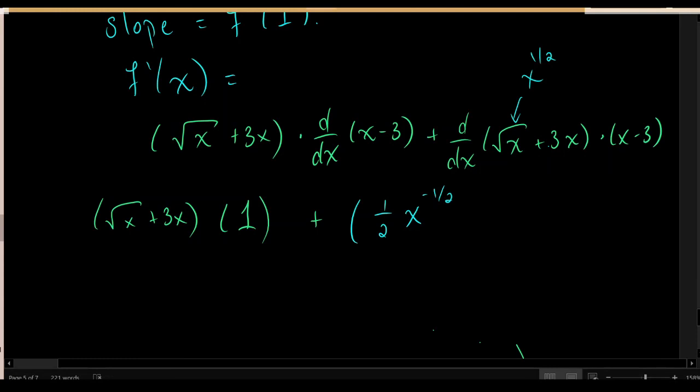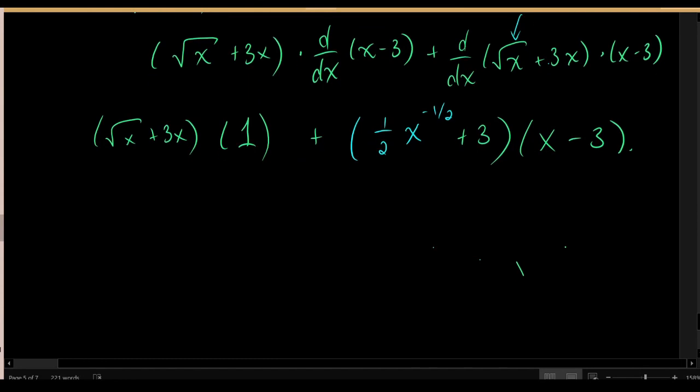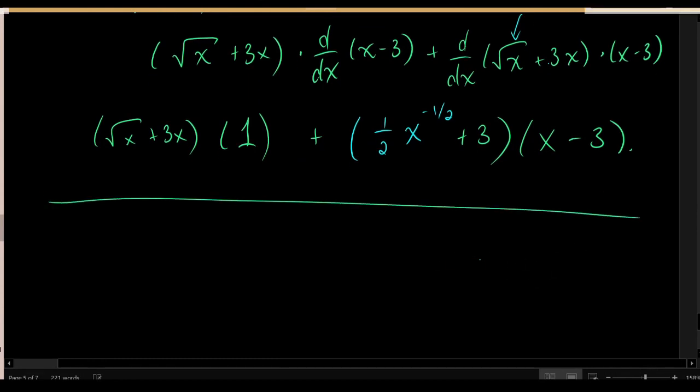The derivative of 3 times x is just 3. And then I multiply that by the unmodified second function. So this is the true nature of f prime of x. I will consent to cleaning this up just a little bit, because 1 times a quantity doesn't change the quantity.